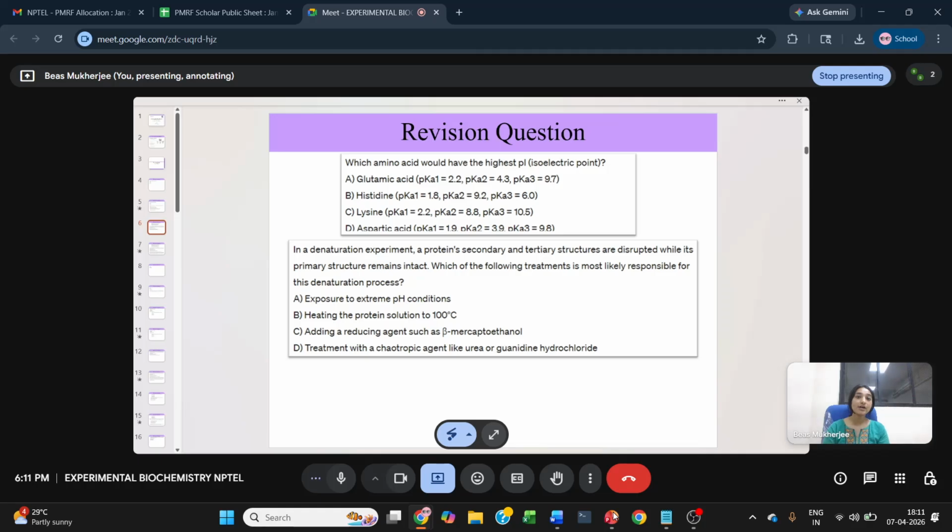So basically, you will have to take the two pKa values that are closest to the pH at which the net charge on the amino acid is 0, right? So in this case, that is pKa2 and pKa3, and so you take the average of these two and you get the highest pI. So for all the different amino acids, you will have to do the same, and then from there you will get whichever gives you the highest pI.